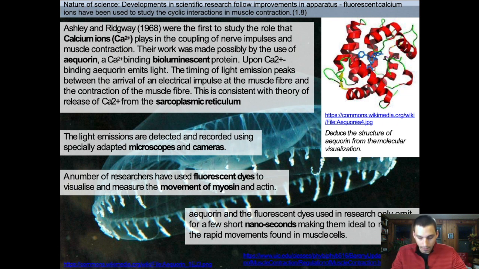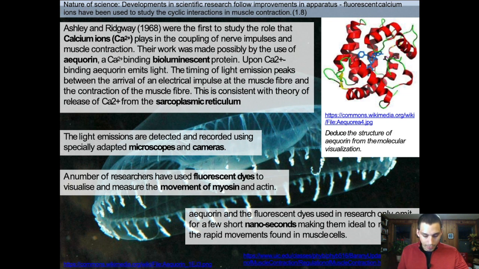For instance, fluorescent calcium ions have been used to study the cyclic interactions in muscle contraction. This is not something that could have been possible to study before we had the ability to create and visualize fluorescent calcium ions. Ashley and Ridgway in 1968 were the first ones to be able to study this. Before that, we just did not have the equipment.